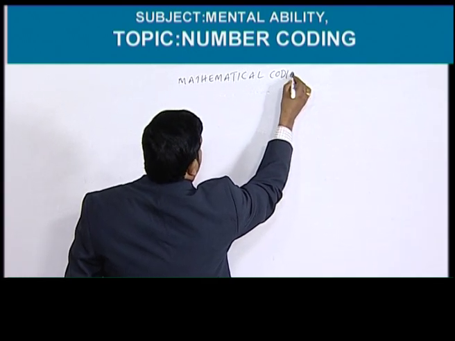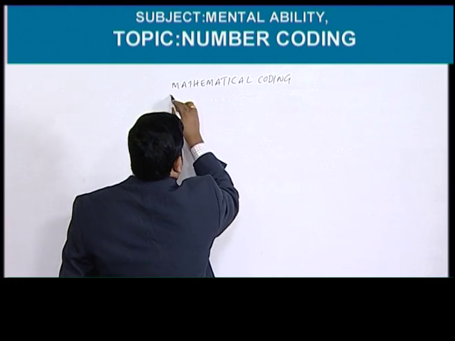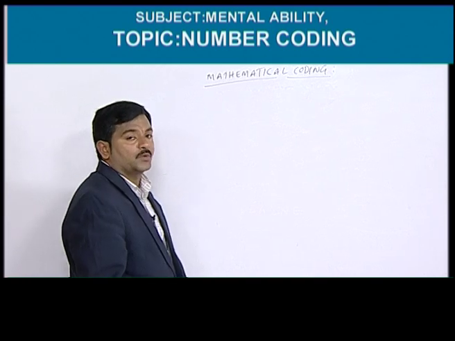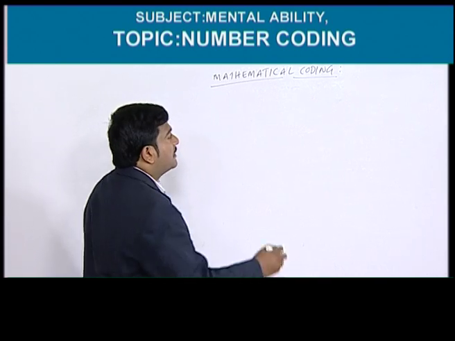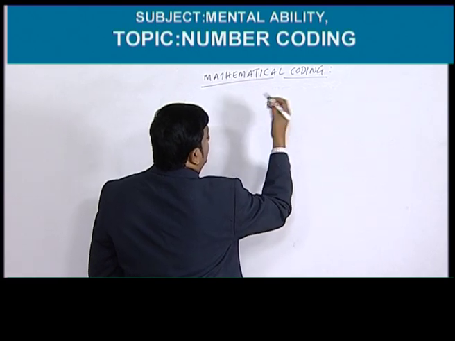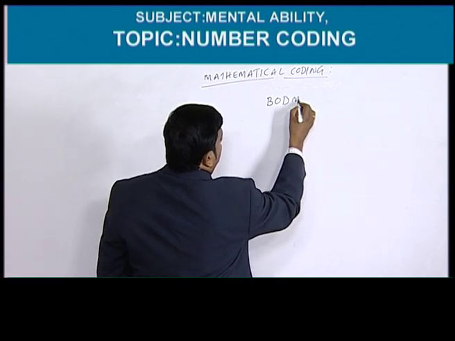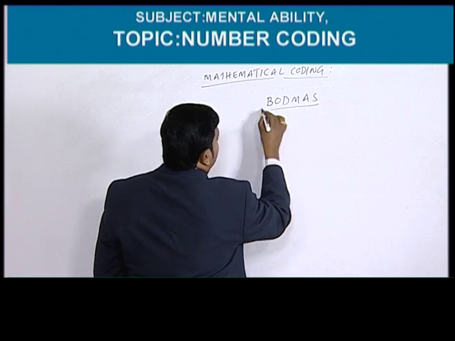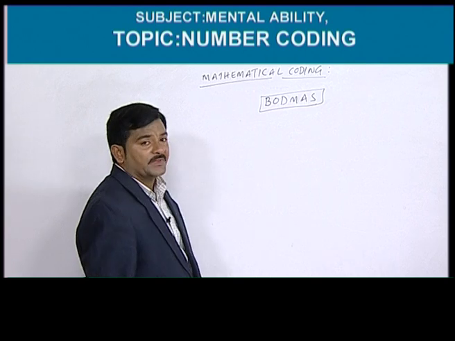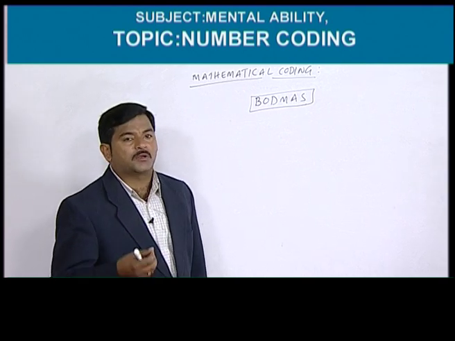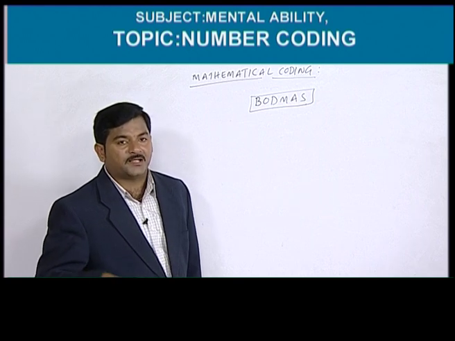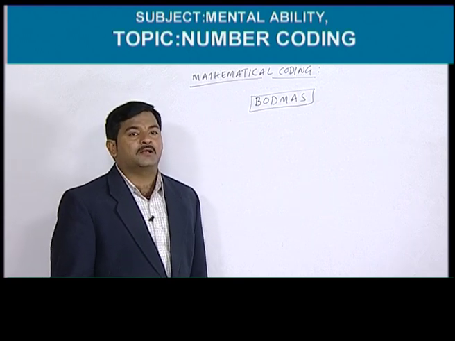Before going to see the different types of examples in mathematical coding, first of all we need to know one concept, that is the BODMAS rule concept. I think you already know about this BODMAS rule concept. Actually, regarding this mathematical coding I am going to give only 2-3 problems, because we have one separate topic in our analytical ability, that is mathematical operations.